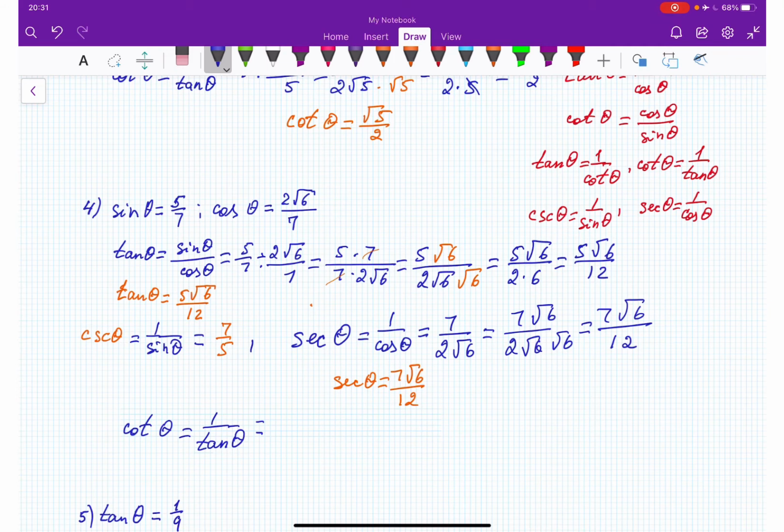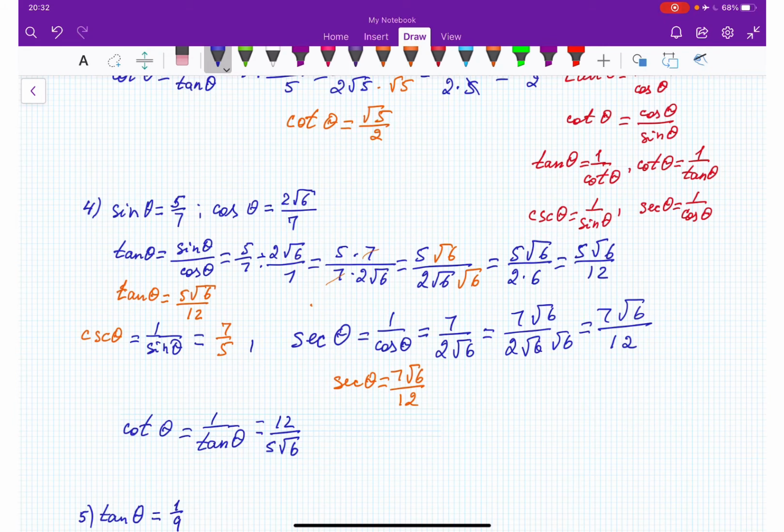So I flip it, I will get 12 over 5 square root 6. For the people who are wondering why I'm flipping, if you divide 1 by any fraction, you will end up flipping that fraction. Try to divide and you will see. Okay?